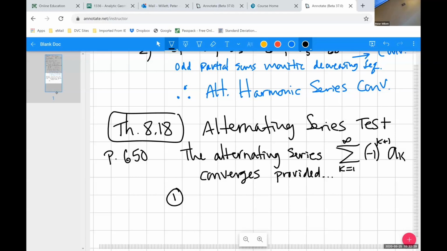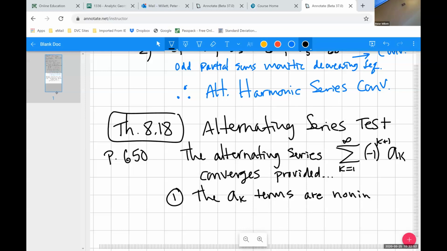So the first one says the a sub k terms are non-increasing.